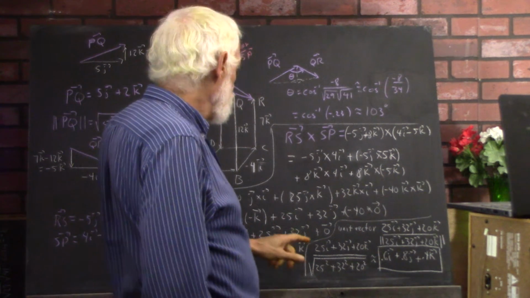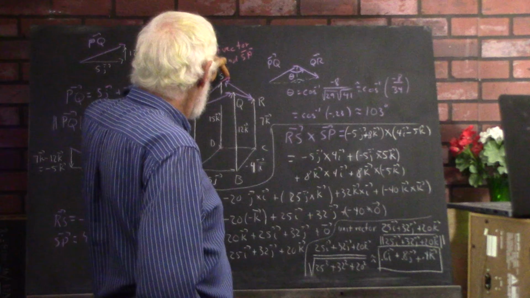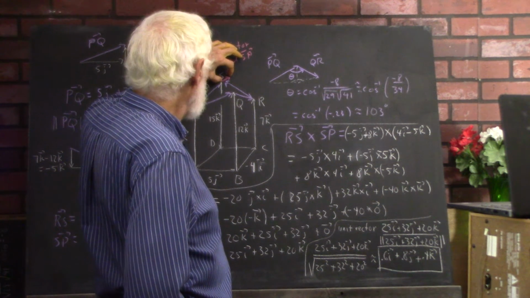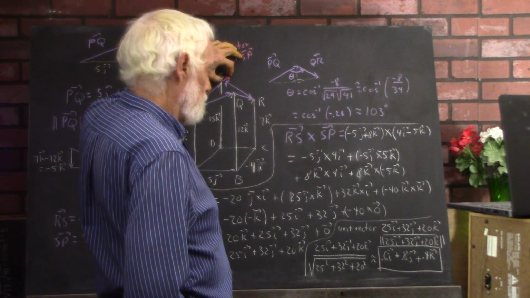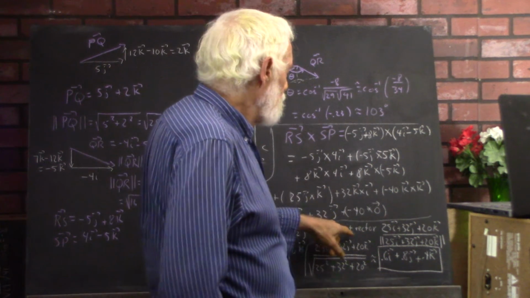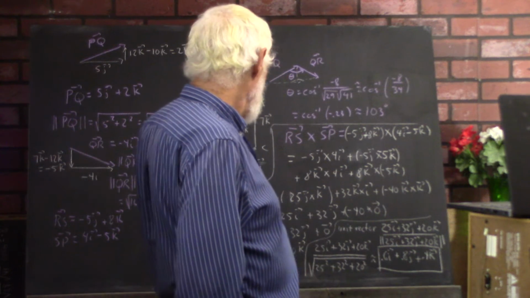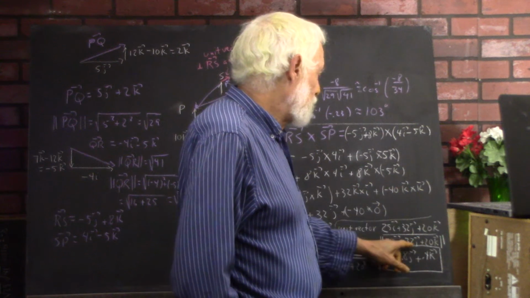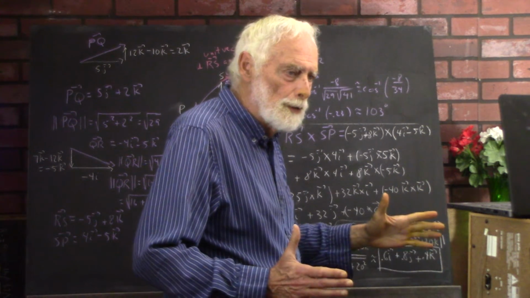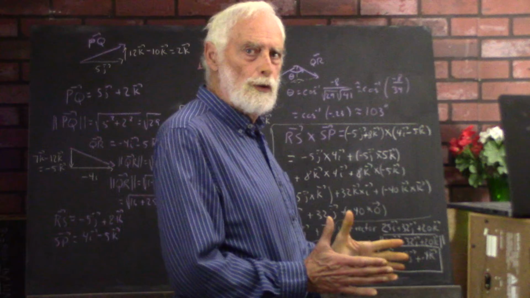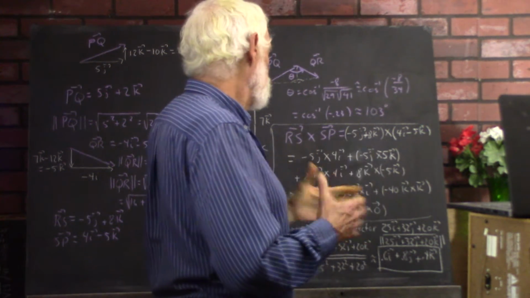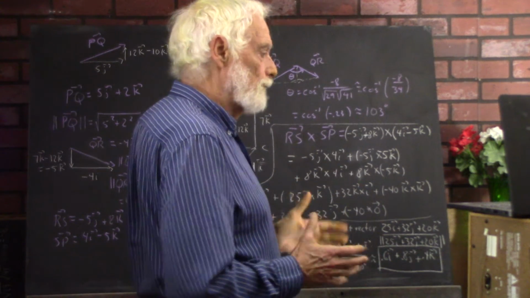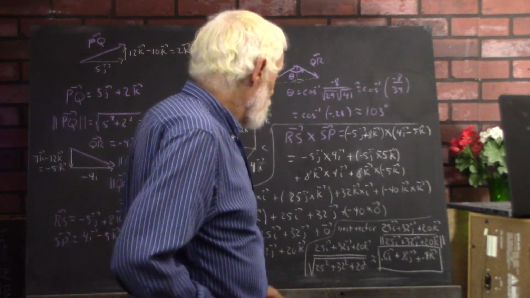We want to indicate that direction perpendicular to RS and SP by a vector that we can actually draw on our figure, a unit vector. So we get a unit vector in the direction of this vector, and that unit vector is just going to be the vector divided by its magnitude. When you divide a vector by how long it is, you get a vector of length 1, but it has the same direction as the original vector, and that's just a basic property of multiplication and division of a vector by a number.